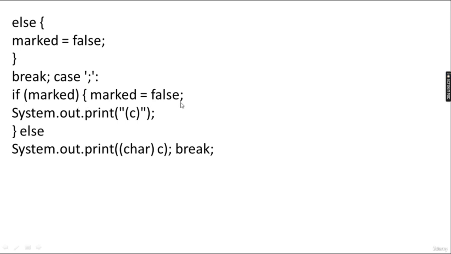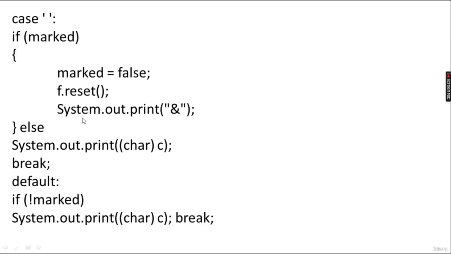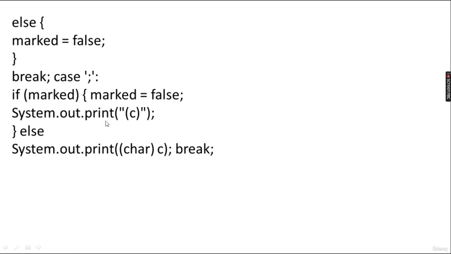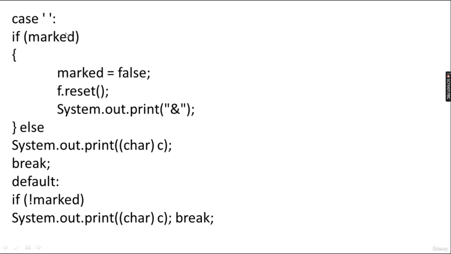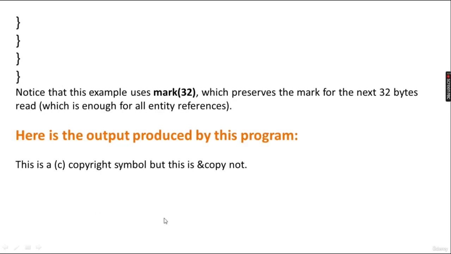If mark is equal to true, then print System.out.print copyright symbol, else print the particular character. Case space: if mark is true, reset to the particular location and print the ampersand. Else get the particular character and print it, then break. If not marked, then print the character and break.